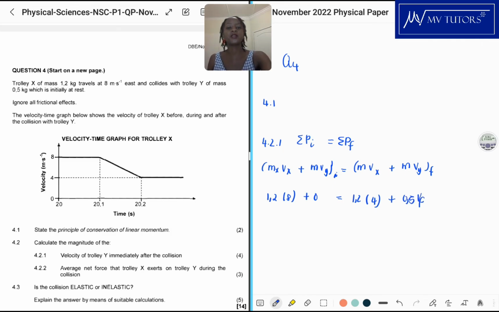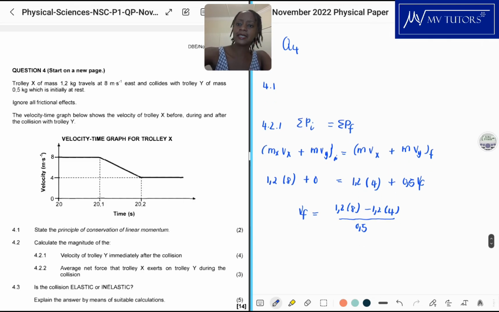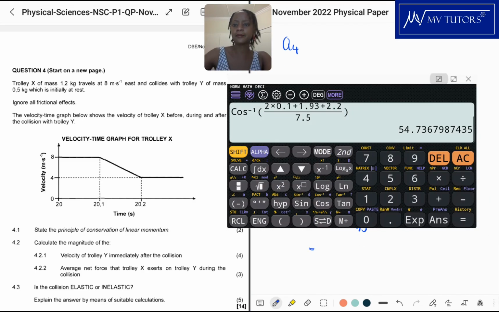If we put the final velocity as the subject of the formula, we get 1,2 times 8 minus 1,2 times 4, all divided by 0,5. I hope I'm not missing anything. And then we can get the final answer.